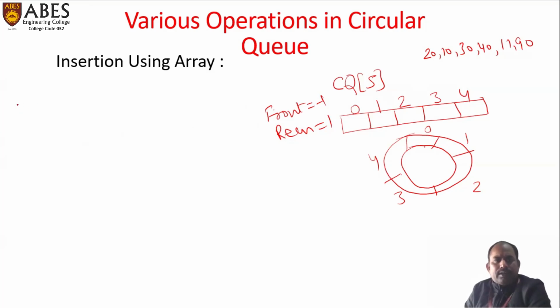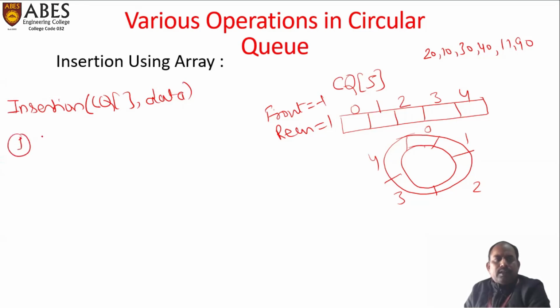Now, let's see how we write the algorithm. Here we write the algorithm for the insertion operation. For that, we write insertion, where we have taken a CQ array implementation and the data we want to insert. In the first step, what do we write?